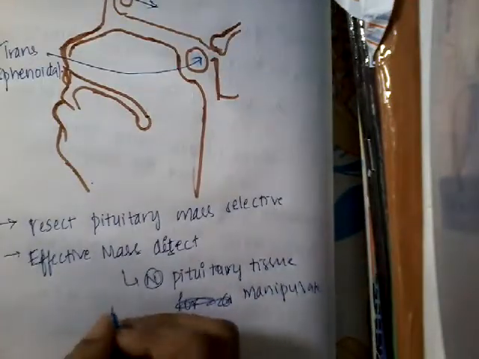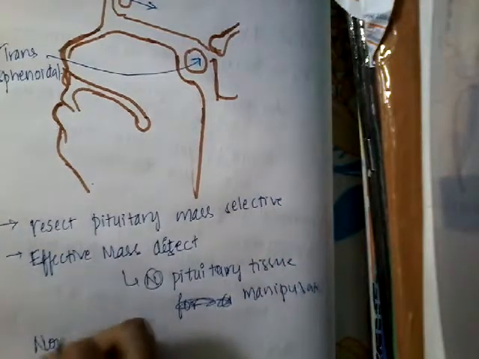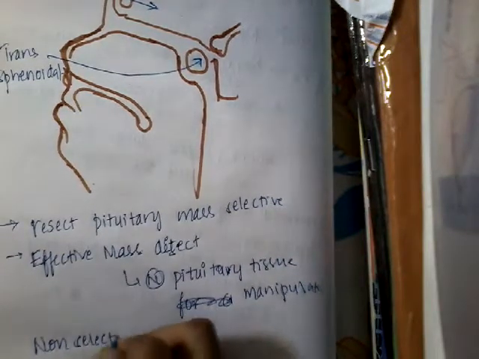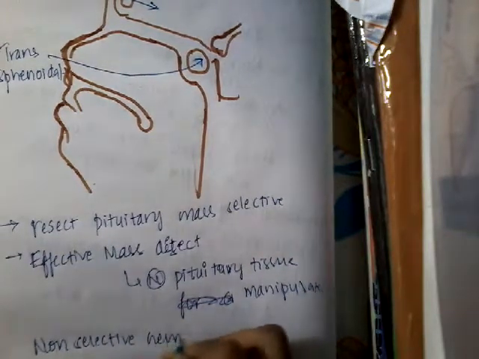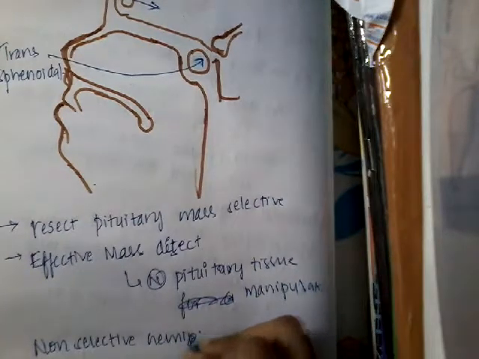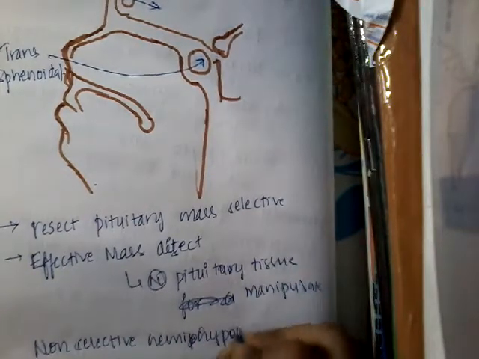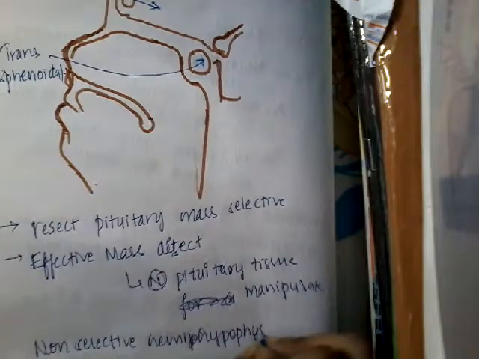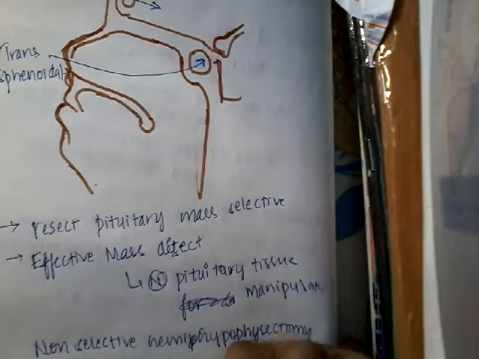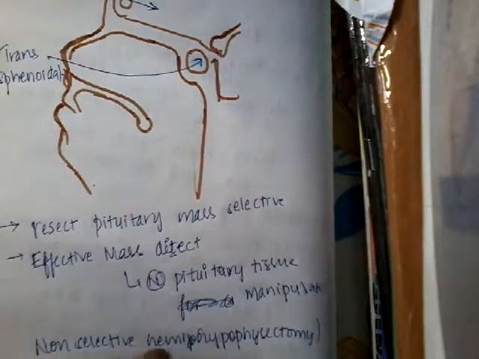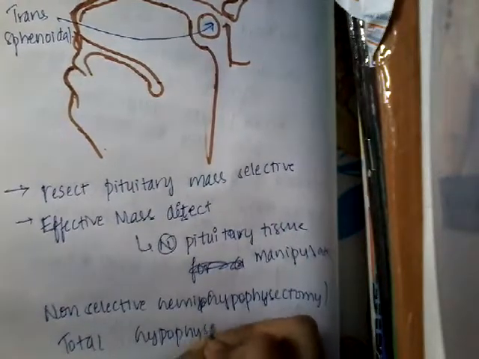Okay, so that is called non-selective hemi-hypophysectomy, where you will remove half of the pituitary gland, or you can do a total hypophysectomy.